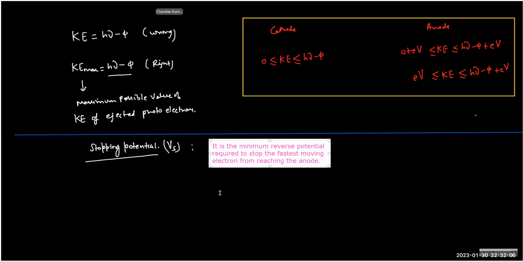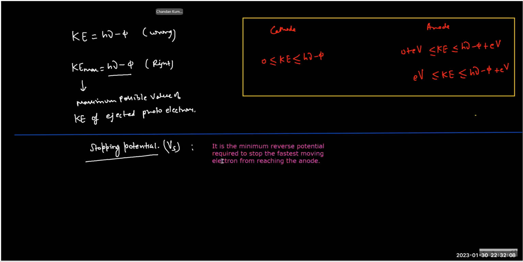Now, this is something interesting. It means the KE max is roughly equal to eVs, but because it fails to reach the anode, it is slightly less than eVs, right?